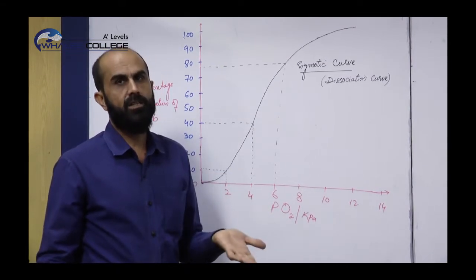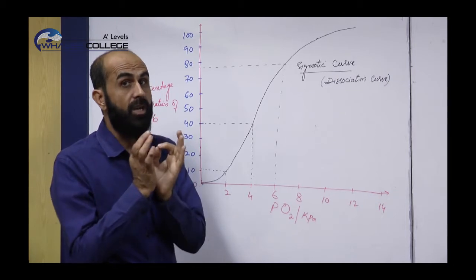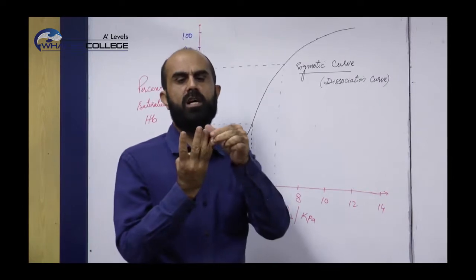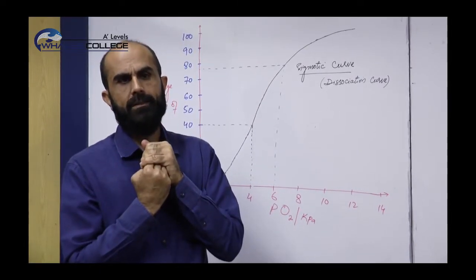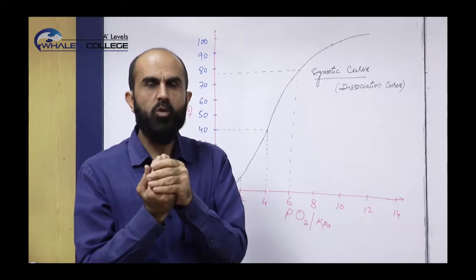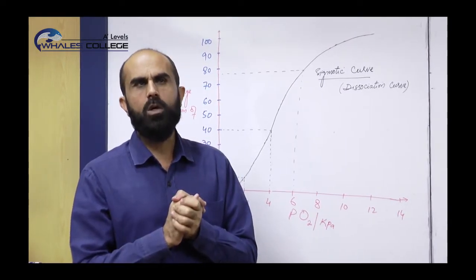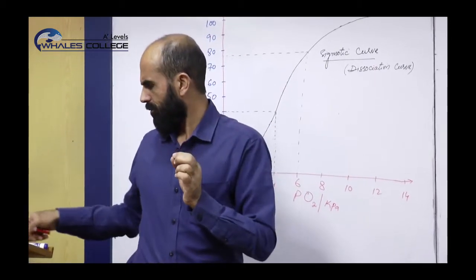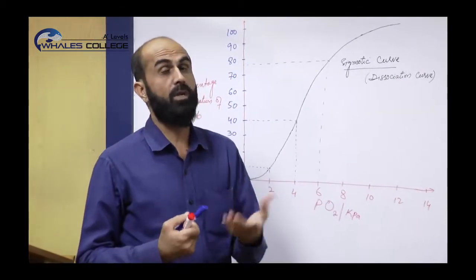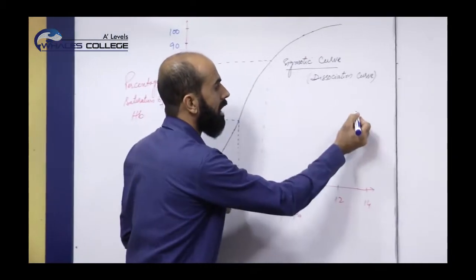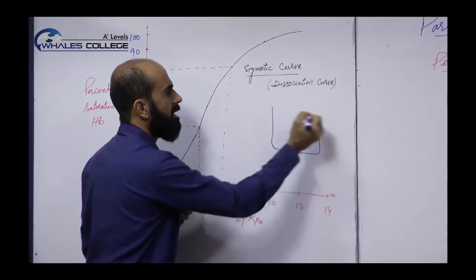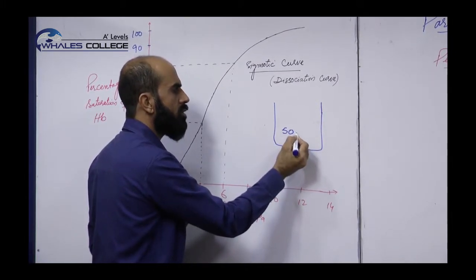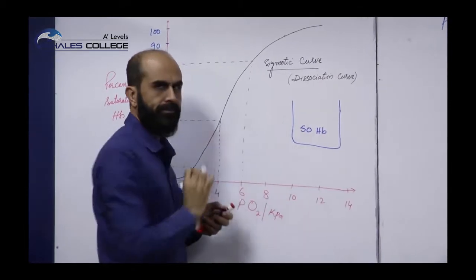What is the explanation behind this? Now please focus on what I'm saying. Hemoglobin has 4 prosthetic groups, as I told you. And the affinity of hemoglobin for oxygen is somewhat unique. I'm just giving you one example for the basic knowledge. You have a container, and in this container you have 50 molecules of hemoglobin.